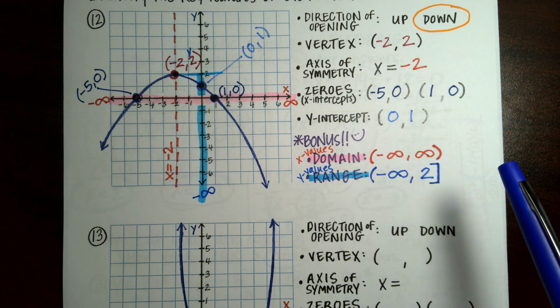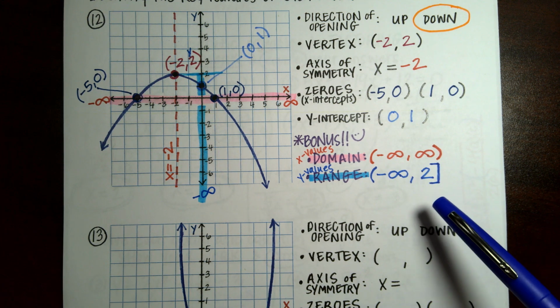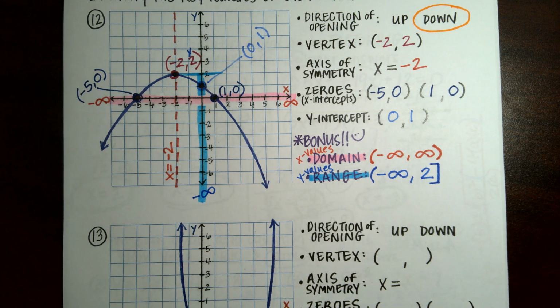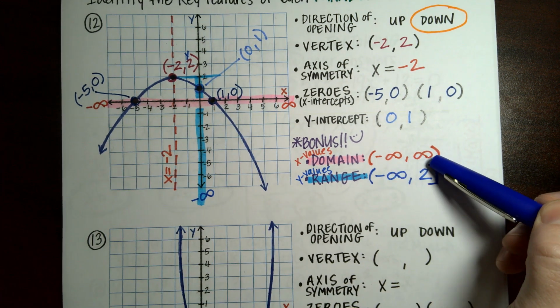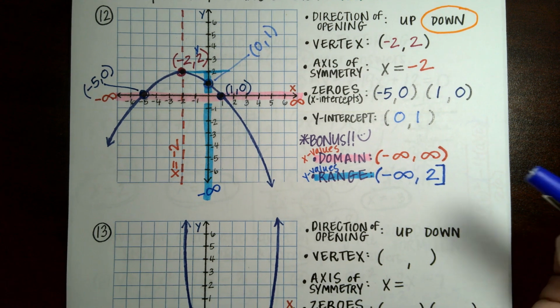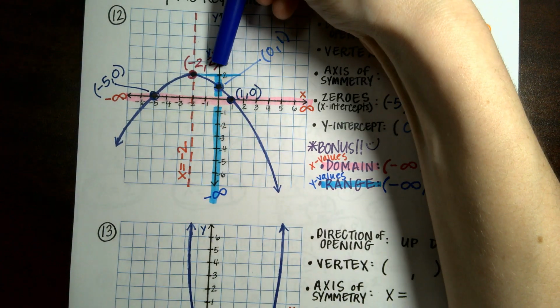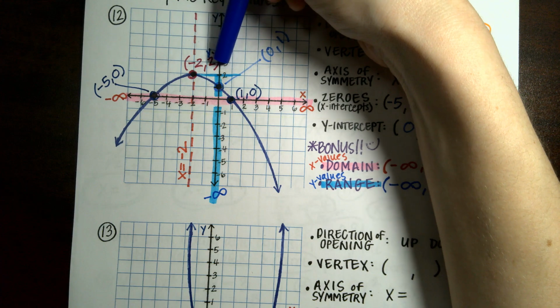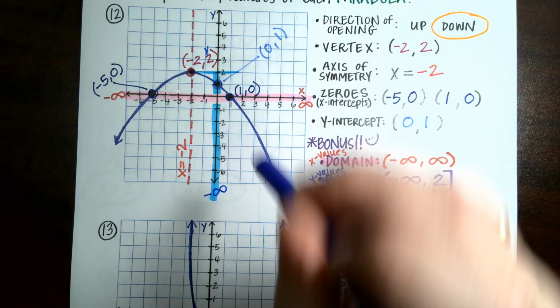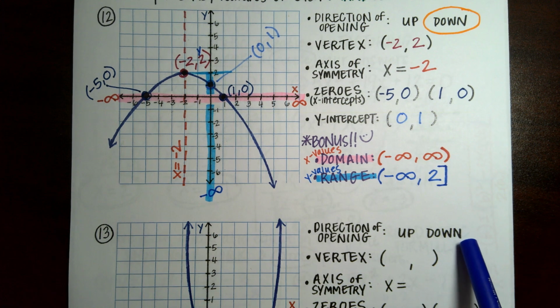So if somebody were to ask, would the y value 3 fit on this parabola? We know that since the y value 2 is the highest one, 3 doesn't fit. The y value 3 is right here, and that's not ever going to touch this parabola, no matter where it is on the x-axis. It's just a way to specify our boundaries.